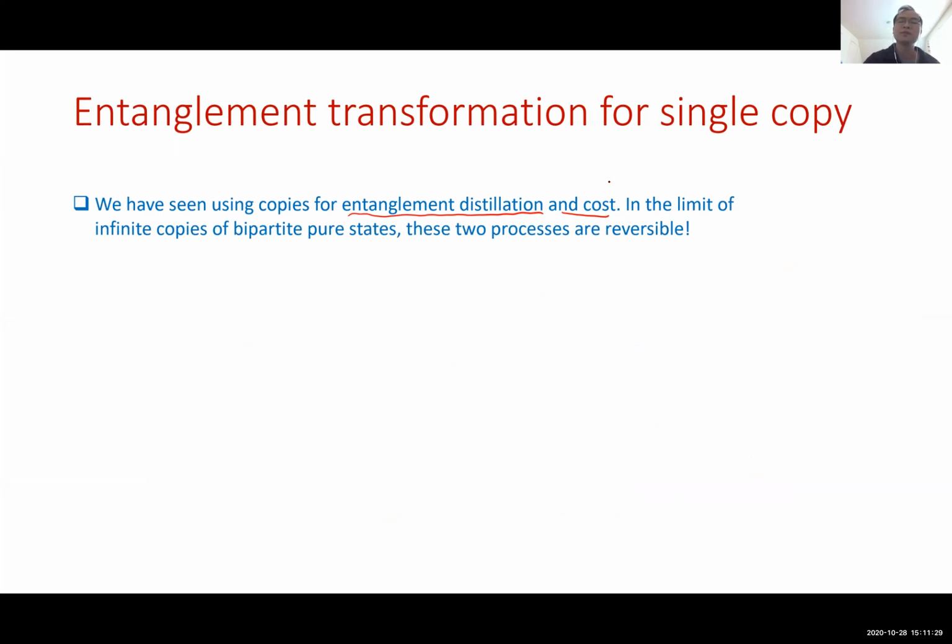Meaning that if I have k copies of phi plus, I can convert into psi with n copies, and in the limit that these go to infinity, the arrow can go backward. So it's reversible. That's what I mean.